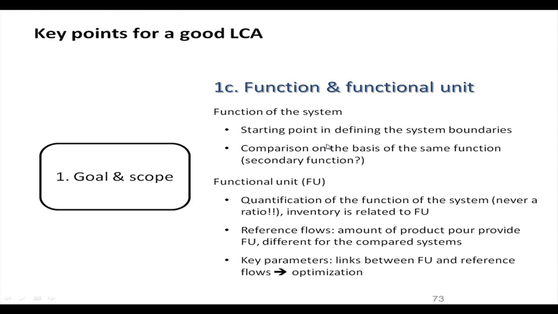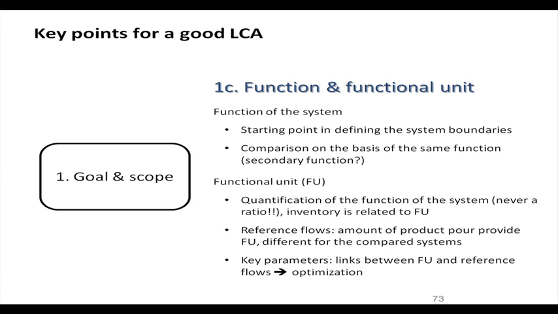For some initial LCA, you can just ignore the secondary function unless it is also pretty predominant, very close to the primary function. Then of course you have to do the allocation. But for the most part, for now, let's just focus on the primary function.